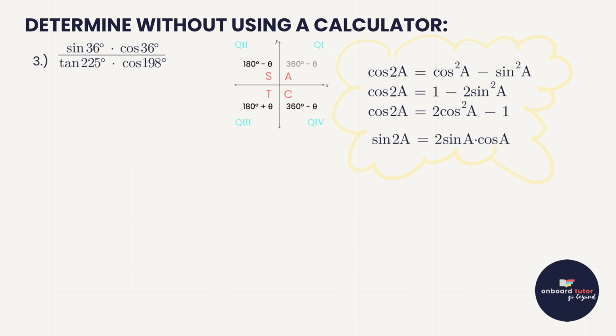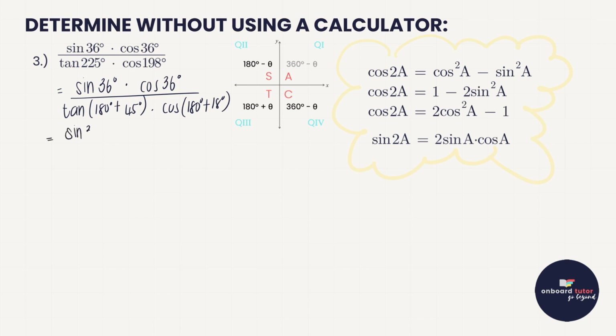So we're going to take sine of 36, and that can stay, because at the moment that's an acute angle. Cos of 36, also an acute angle, so that's fine. Over tan 225, we're going to have to rewrite. So that's 180 degrees plus 45 degrees times by cos. That's also going to the 180 quadrant, 180 plus 18 degrees. Okay, now we use the CAST rule to reduce.